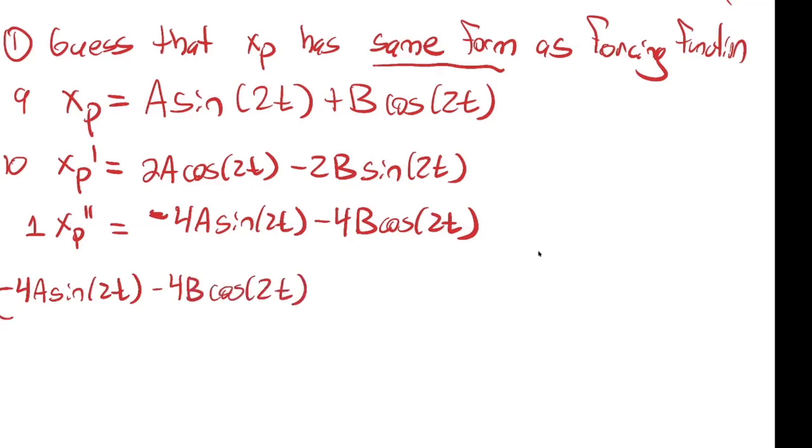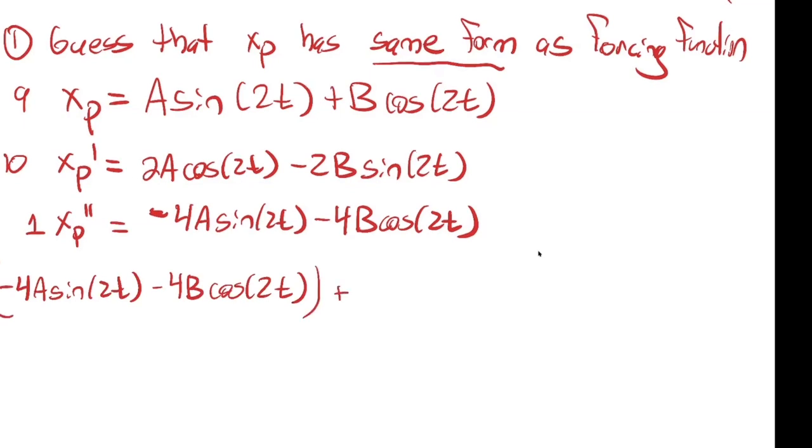So there's our x double prime term, and then we've got plus 10 times x prime. So I'll just multiply that out. That would give me 20a cosine of 2t minus 20b sine of 2t.